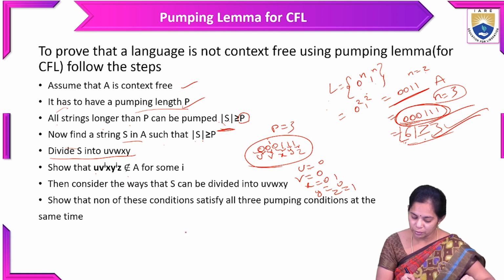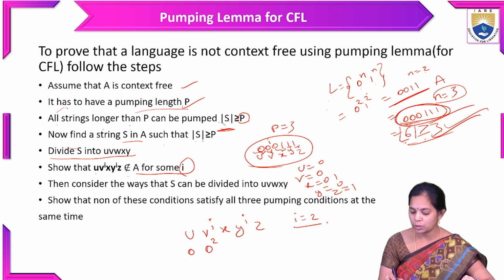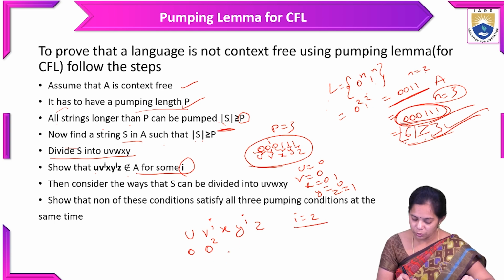So here U V power i X Y power i Z. If you take some i, I will take the value 2 and do the extraction.